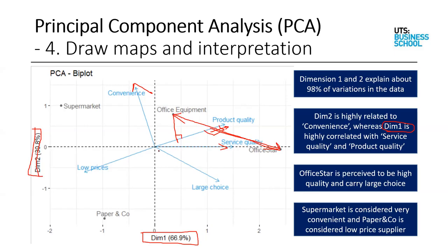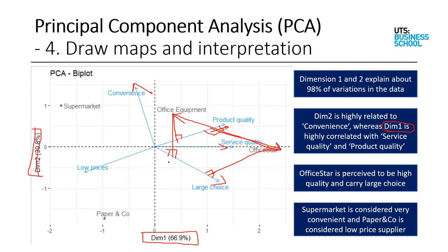And in terms of choice, again, if you plot a perpendicular line from Office Star to Choice and from Office Equipment to Choice, and we know that as you go towards the direction of the arrow, the attribute importance increases, which means that Office Star offers larger choices, or it carries a broader, bigger inventory. So there's more choice for consumers as compared to Office Equipment.